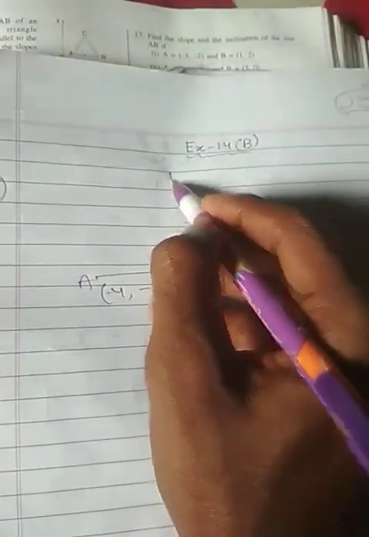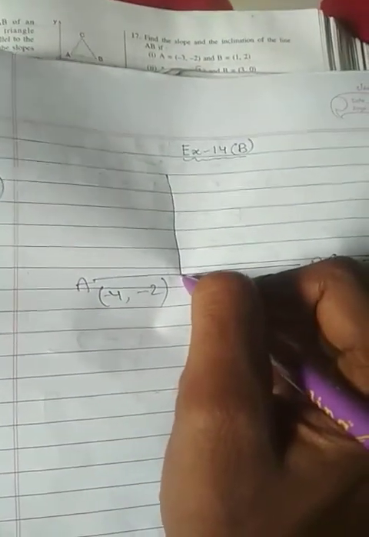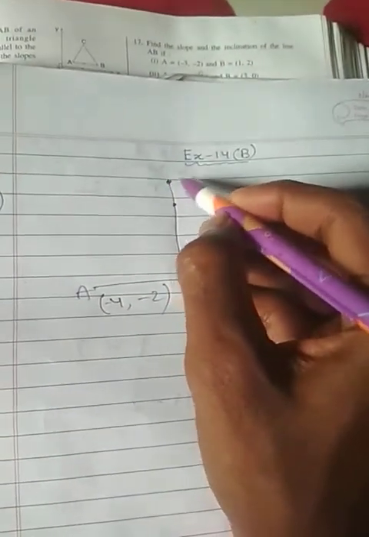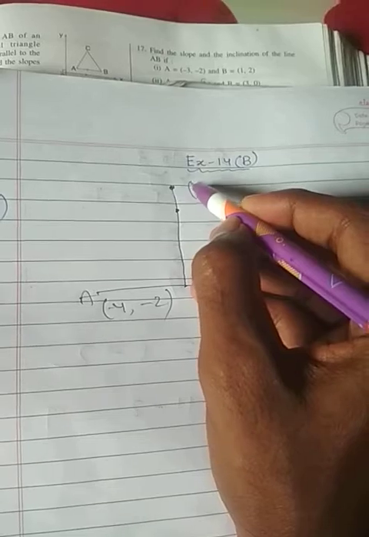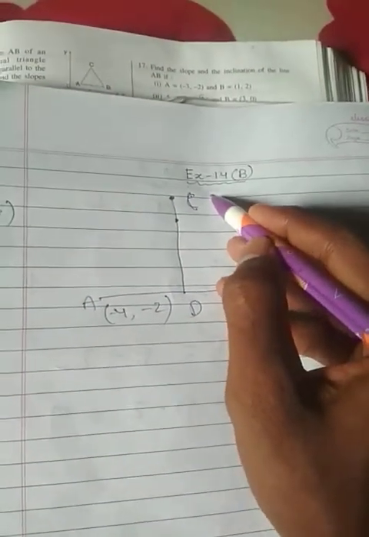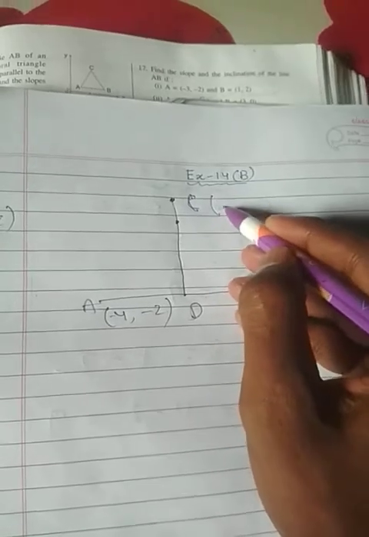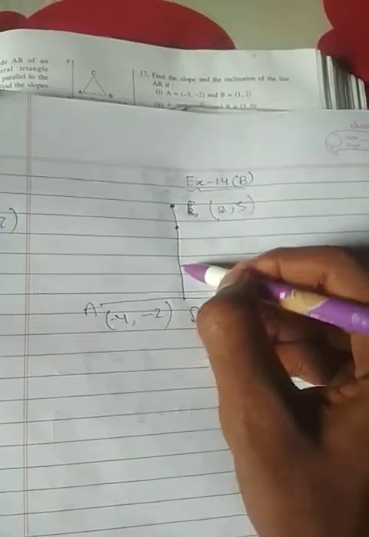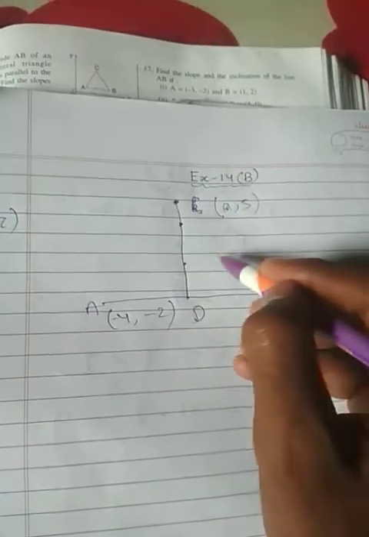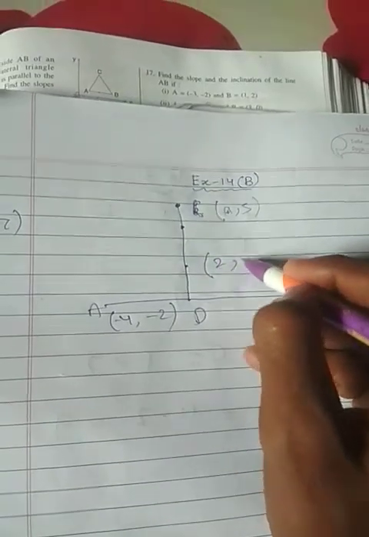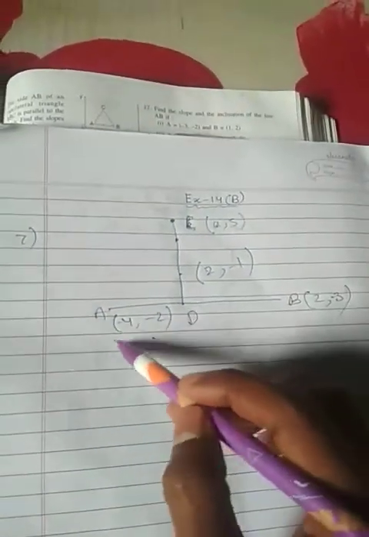One line is perpendicular to that line, and that is also passing through a point, I am assuming that line is CD, passing through a point a comma 5. One more point is there, that may be anywhere, that is 2 comma minus 1.